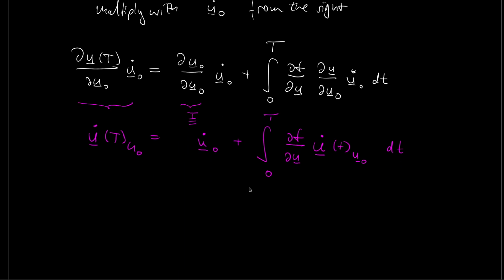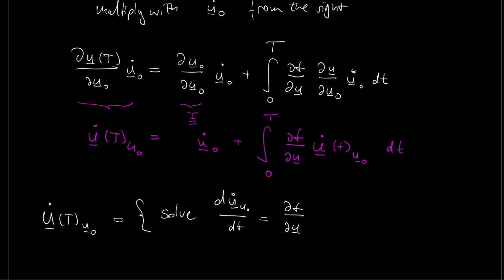And if we write that down in the same format as we had it before with this implicit solve, we see that the contribution to our tangent on the output at capital T from the initial condition u0 is also given by the solution to the ODE problem. So solve d u dot from u0 dt by the Jacobian of f with respect to u multiplied with u dot contribution from u0 on t.